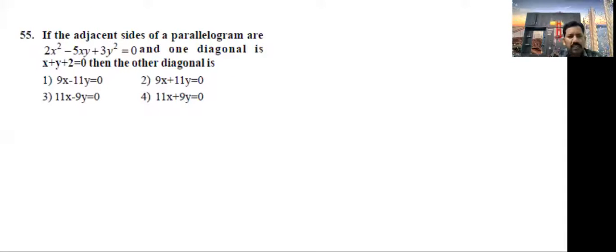The adjacent sides of a parallelogram are given, and one diagonal is x + y + 2 = 0. Then the other diagonal, which is passing through the origin, students, how to find the other diagonal?